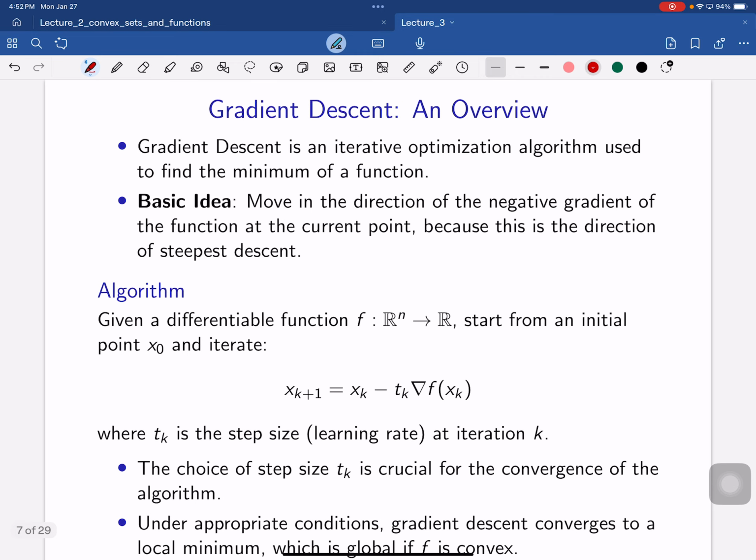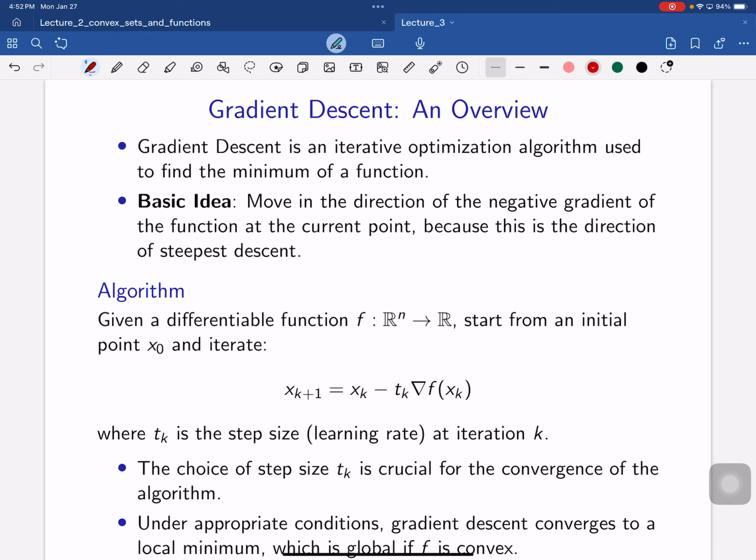Okay, so the method we will be using is called gradient descent. Right? Even if you haven't taken an optimization class before, you might have already heard about gradient descent. The idea is it is an iterative method used to find the minimum of a function. The idea is to say we will move in the direction of the negative gradient.